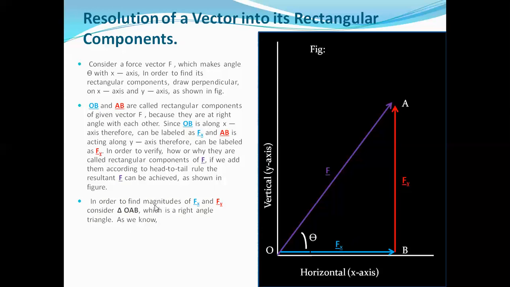In order to find the magnitude of Fx and Fy, consider a triangle OAB. This is the triangle which we are talking about, which is a right angle triangle as we know. It is a right angle triangle because one of its angles is 90 degrees, which is angle OBA.